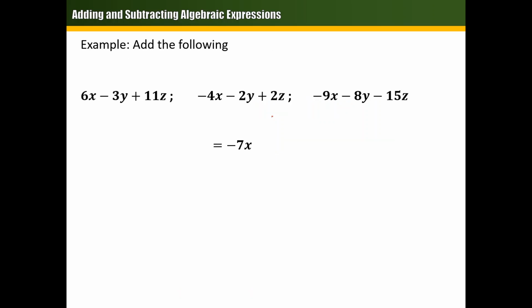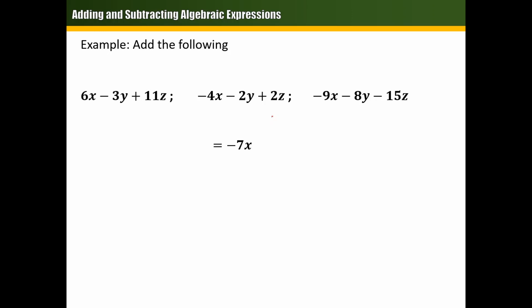So we consider the following. We want to add the following. Okay, let's add the following algebraic expressions. We have 3 algebraic expressions here, namely 6x minus 3y plus 11z. Yung isa ay negative 4x minus 2y plus 2z, and another is negative 9x minus 8y minus 15z.